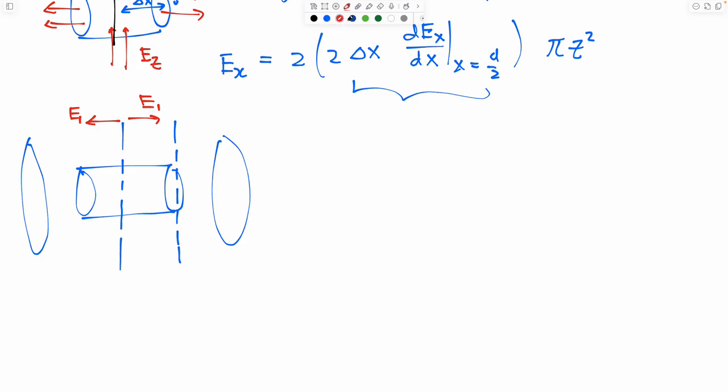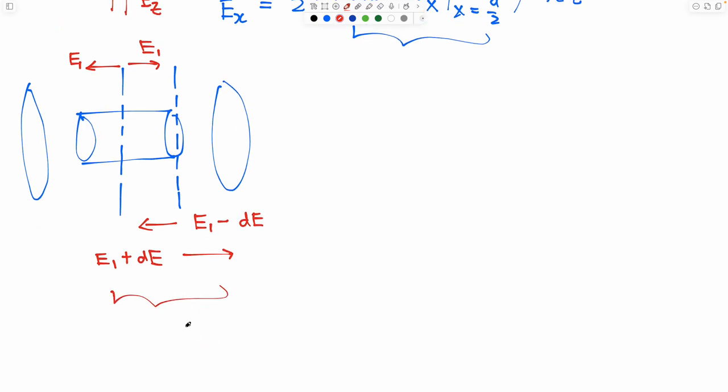If we go to one of the faces, the left one will become E1 minus delta E because the field strength became slightly weaker as you went further from the plate. The right one will become E1 plus delta E because you went slightly closer. So the net effect is you get 2 delta E to the right.